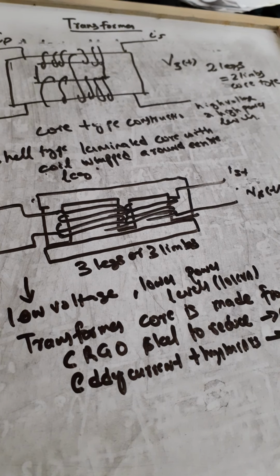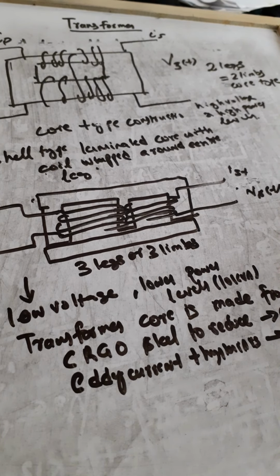And what is hysteresis? Hysteresis is a phenomenon that occurs in a core which gets magnetized by the flow of electrons through it. Earlier the electrons are not aligned, they are disaligned, as you must have studied in physics.